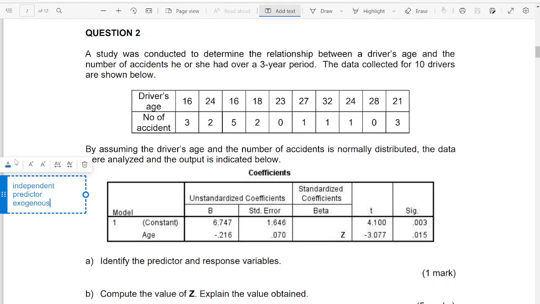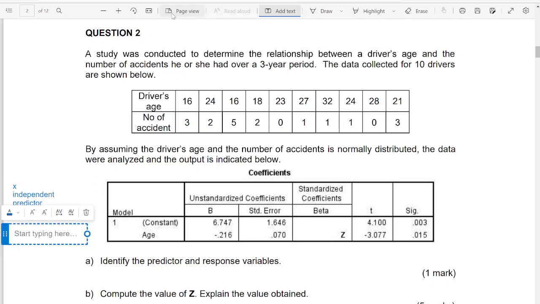This is for X. For Y, we call this the dependent variable, or some other names is the response variable.